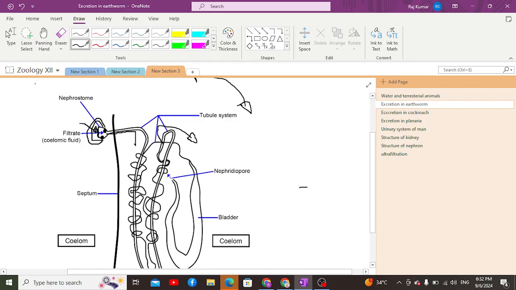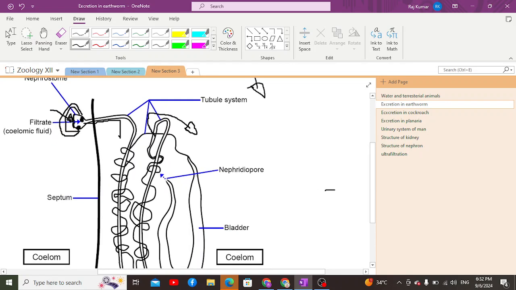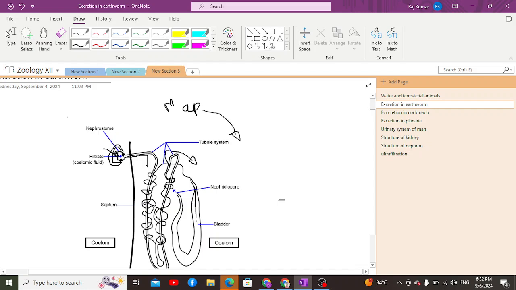The final excretive product is then sent via the bladder through the external opening known as the nephridiopore, and from the nephridiopore it is excreted out from that particular segment of the body.